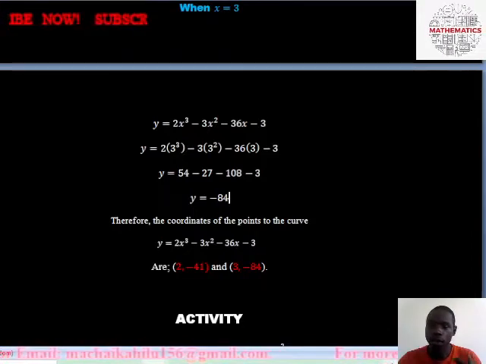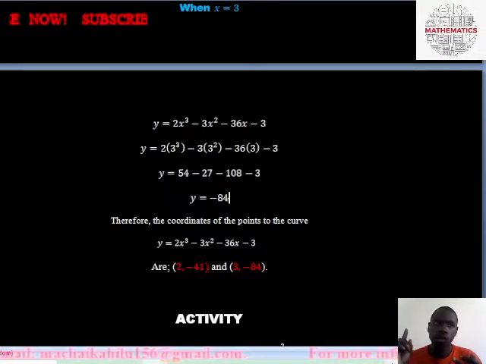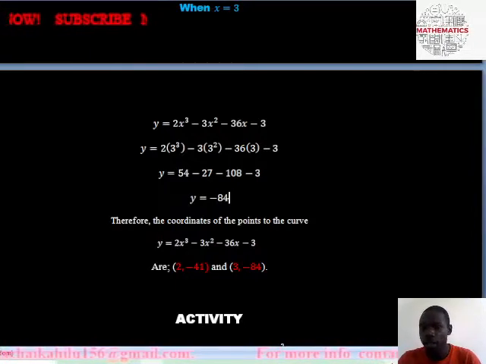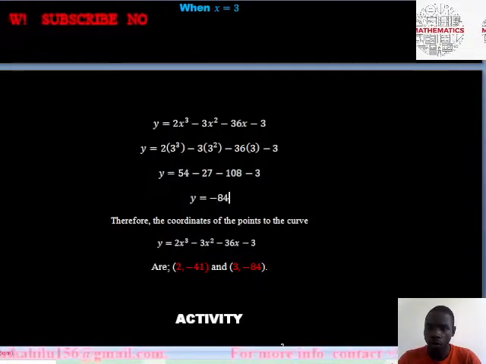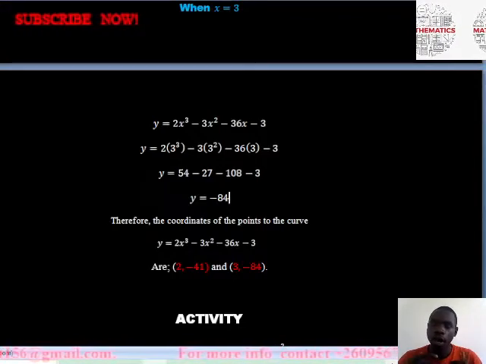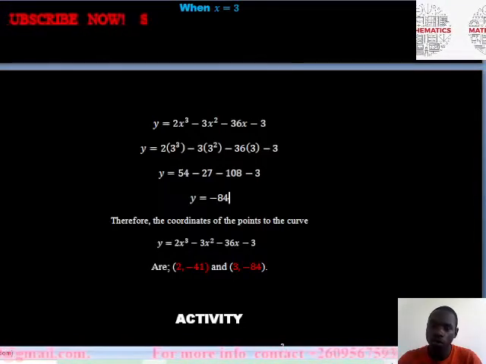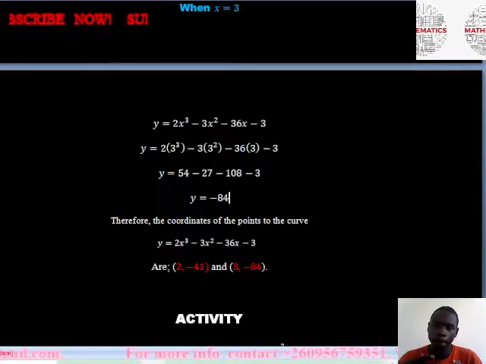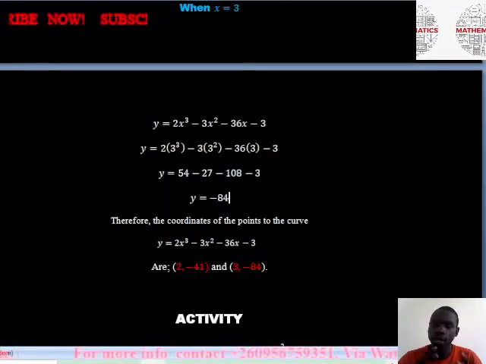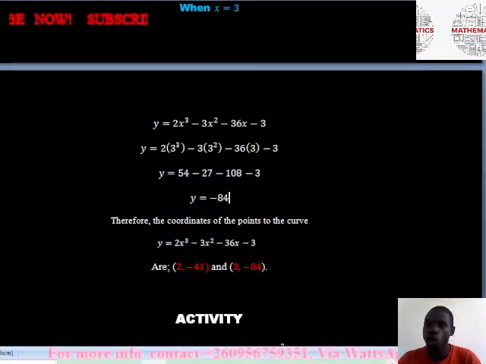You can use the factorization method, the completing the square method, or the quadratic formula to solve and find the value of x in the first place. Thereafter you can find the value of y.